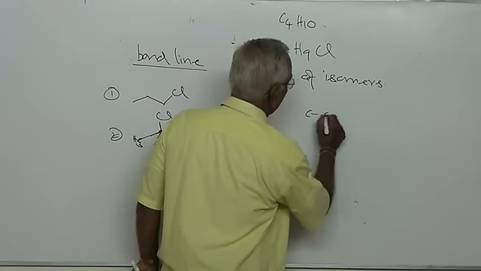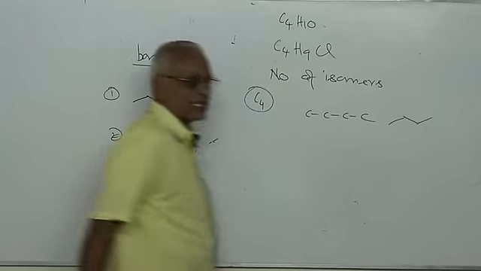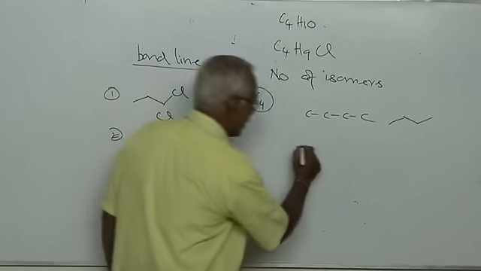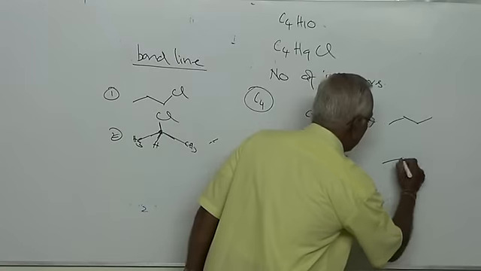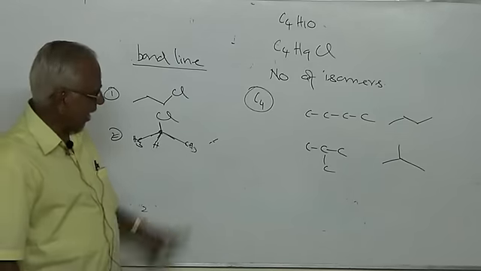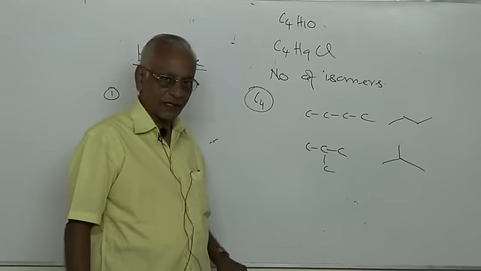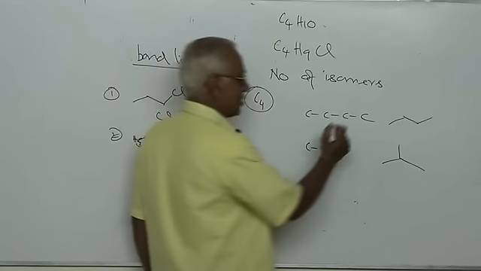One is going to be the normal skeleton, which is represented by this bond line formula. The other one is going to be the branched chain, which is represented by this bond line formula. Having mentioned this, now we find out in how many ways you can put one chlorine.